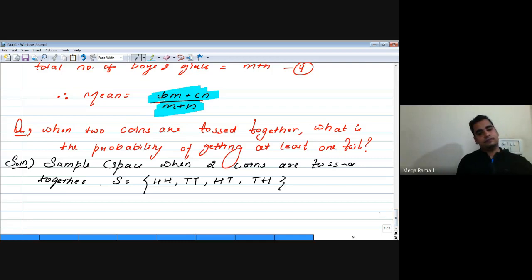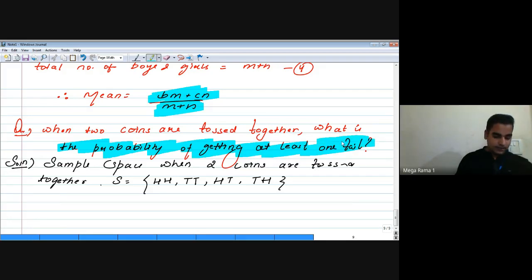Now, probability of getting at least one tail. Is that clear? At least one tail means what? So, favorable outcome. What is the total number of outcomes we have in the sample space? In the sample space you have a total of 4 outcomes, so n of S is 4. Now favorable outcome.